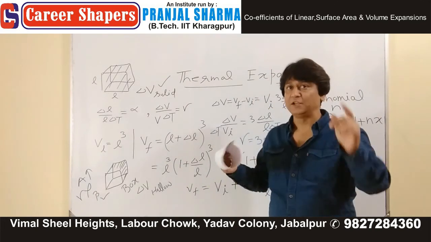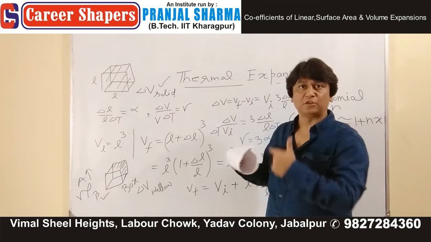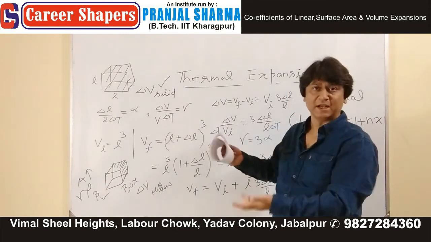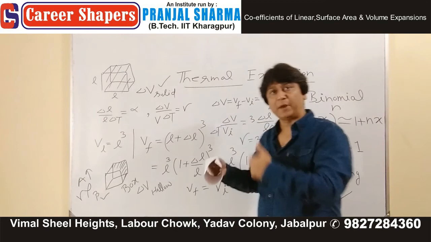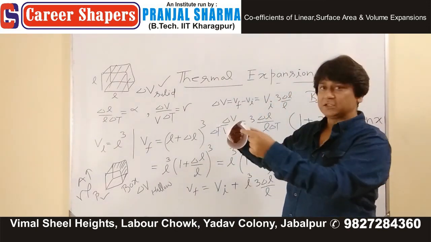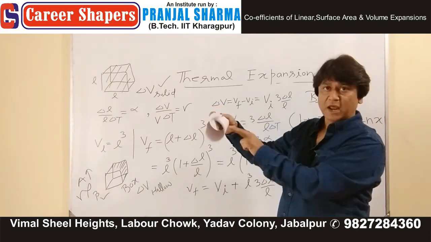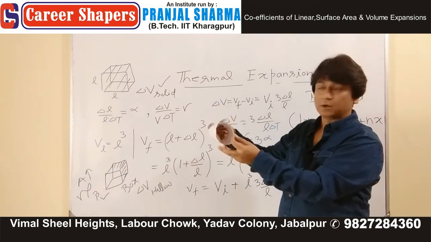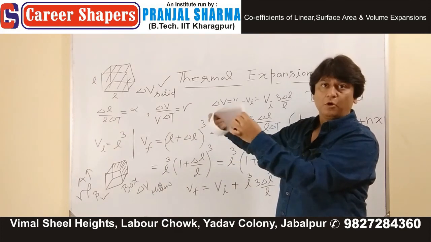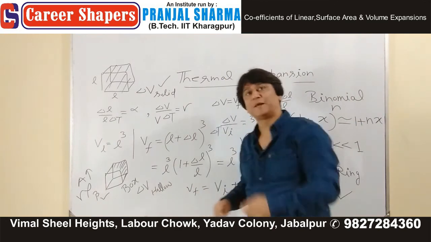So how will you find change in volume? Go for change in the side length of the cube, the cylinder in this case, and then based on that change in side length. You've got something like this, which is basically a sheet. Open it, increase the temperature. Now you will be using the concept of what?